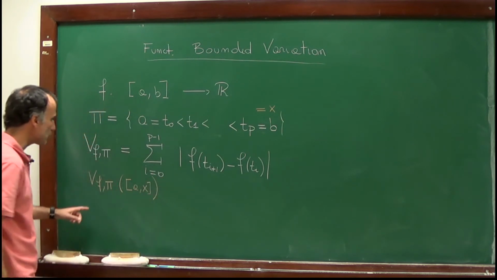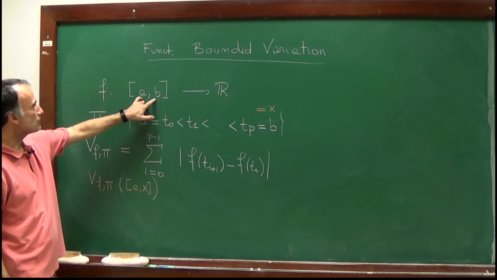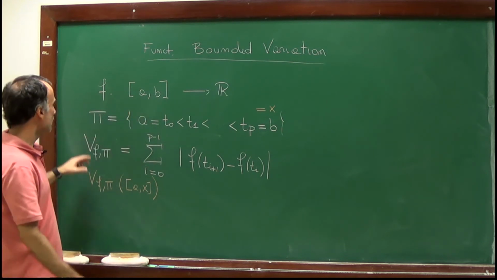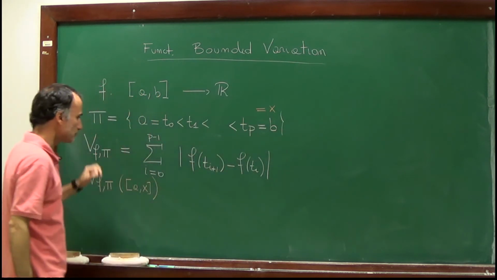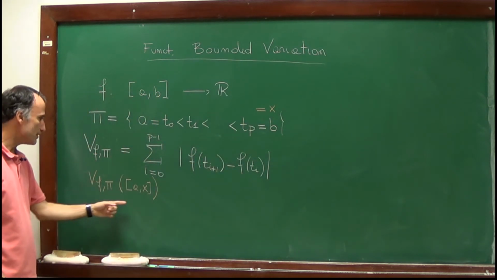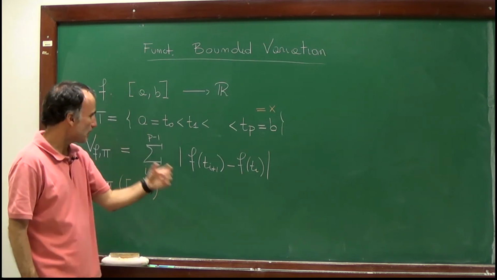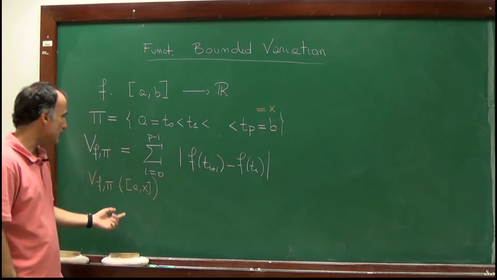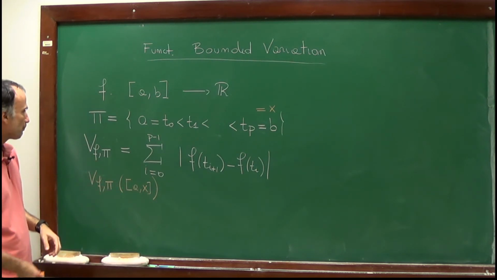So if I have a function f which is defined in an interval [a,b], but I consider a partition which ends at x, I will represent by this symbol the sum of the absolute values of the increments on this interval [a,x] along this partition pi.